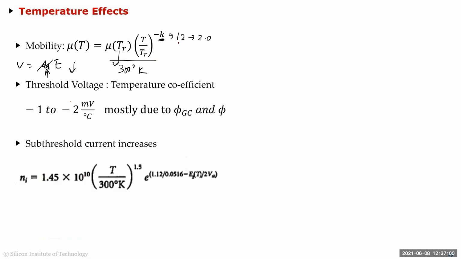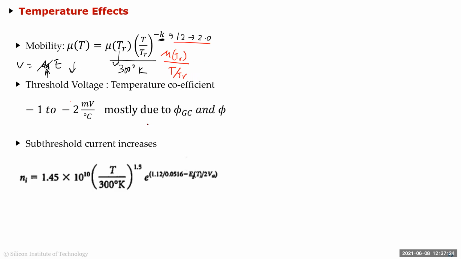Because it's the inverse, this is mu at TR times (T over TR) to the power minus that constant. So it's inversely related to the temperature, which makes sense from what I explained, right? So the mobility is inversely proportional to the temperature.